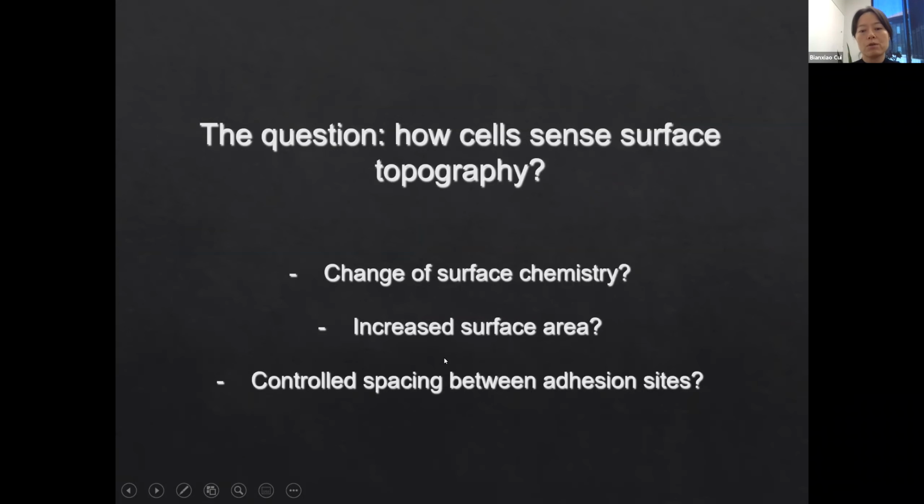There is also a newer hypothesis about controlling the spacing between adhesion sites. I will not get into each of those hypotheses, but I can say that none of them is able to explain all the observations in the vast literature on how cells grow on different surfaces.